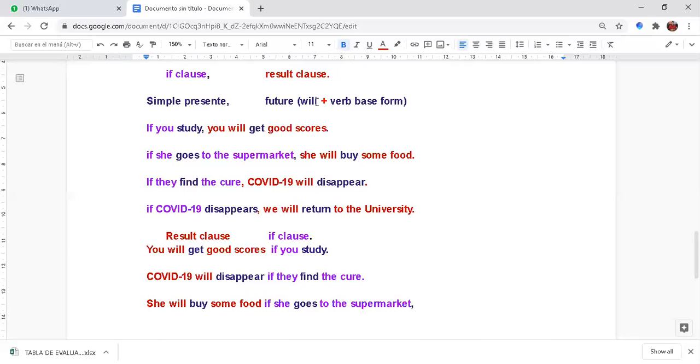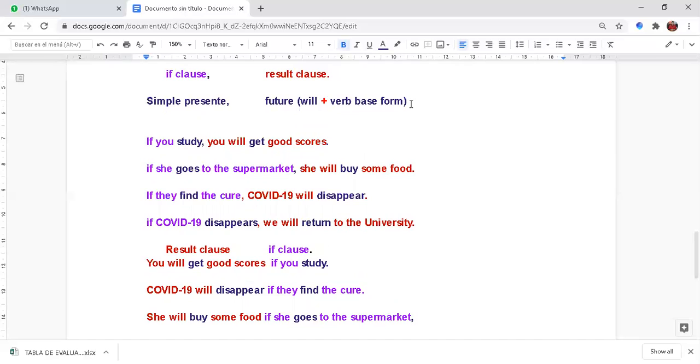Also, it's not just will. You can also use the negative form, which is won't. You can use won't plus a verb in the base form. You can say, if you don't study, what will happen? You won't get good scores.